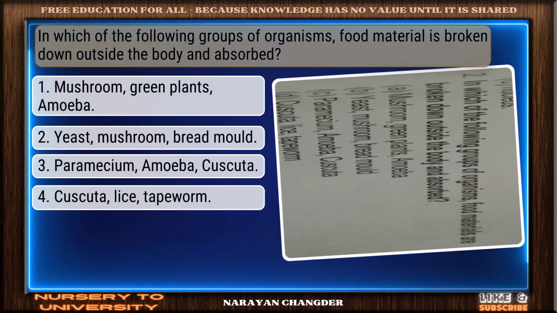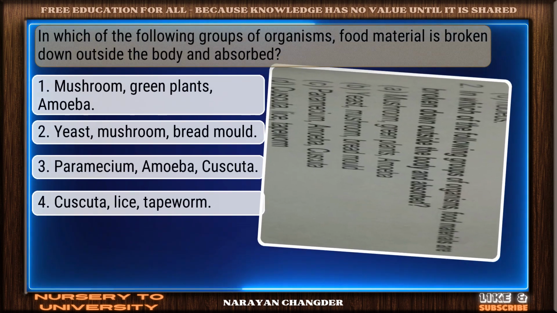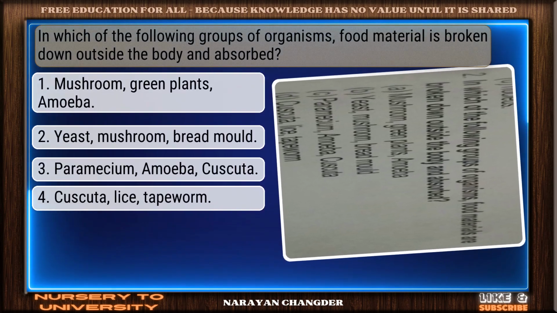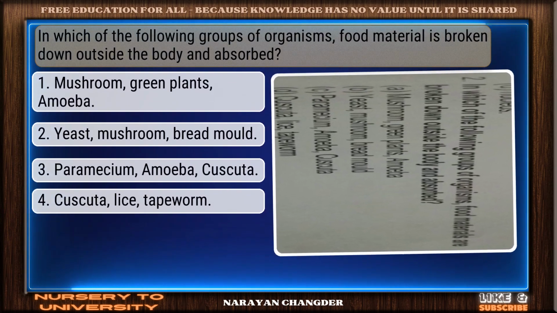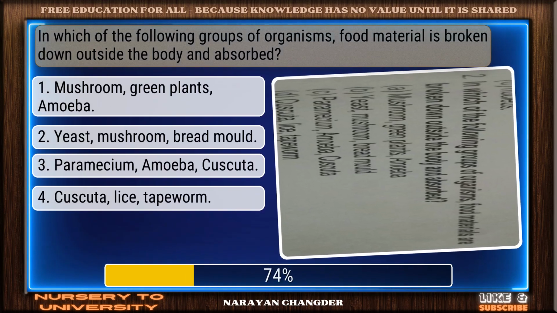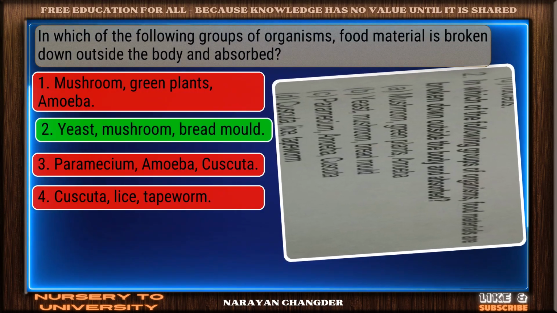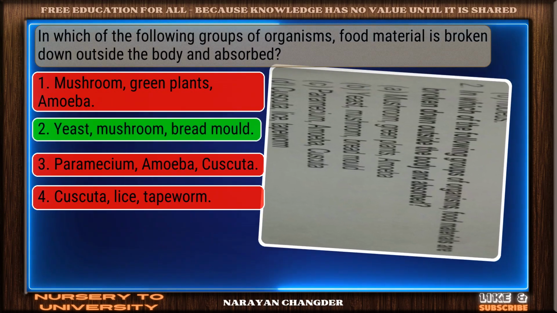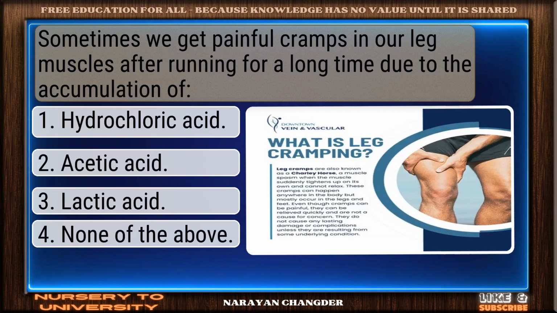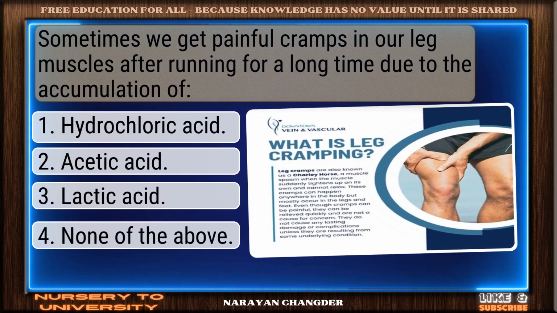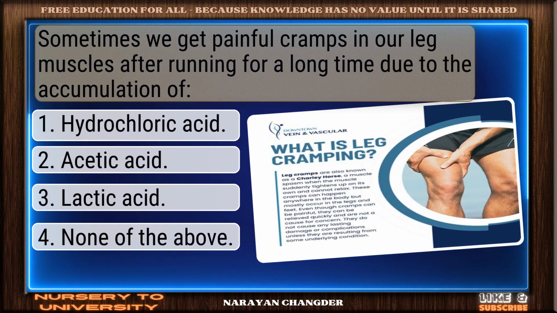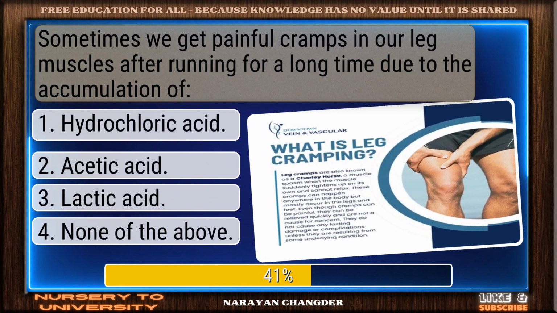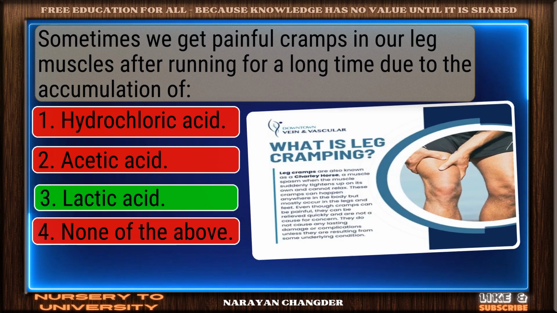In which of the following groups of organisms, food material is broken down outside the body and absorbed? Nicely done. Yeast, mushroom, bread mold is solid. Sometimes we get painful cramps in our leg muscles after running for a long time due to the accumulation of... Exactly.